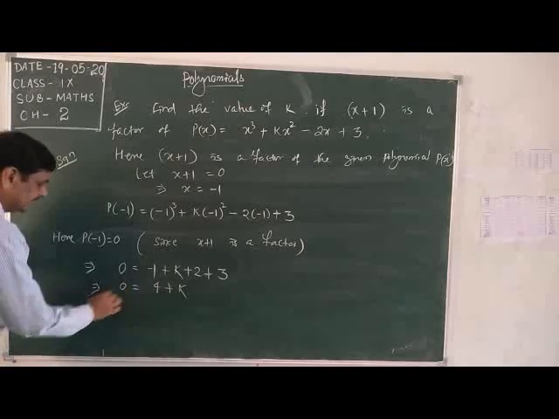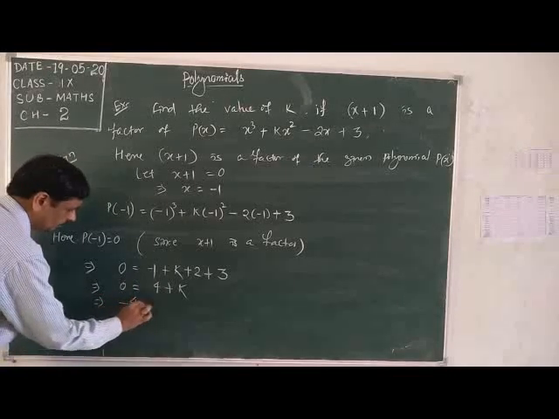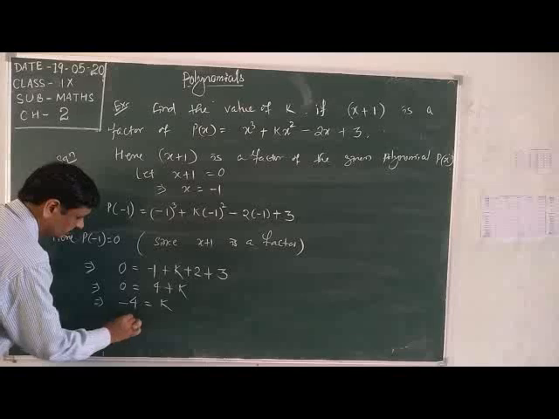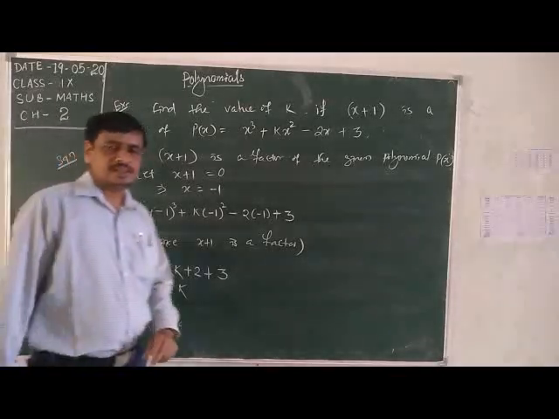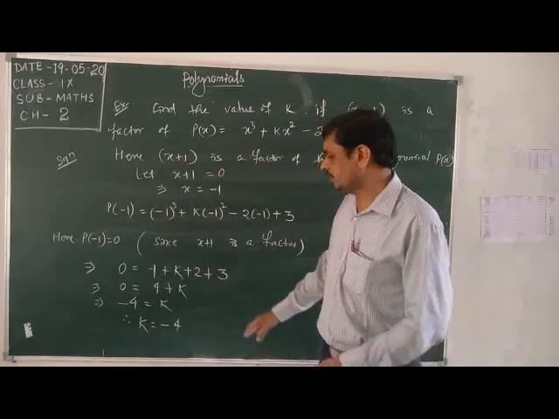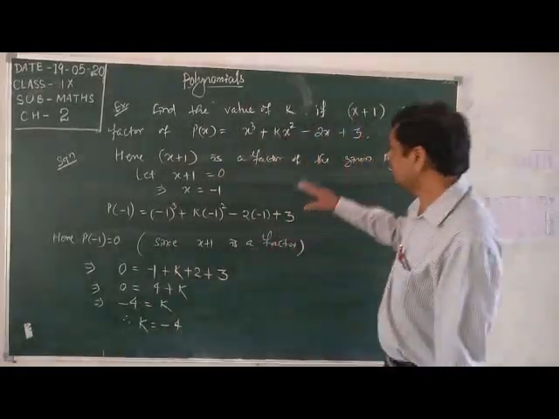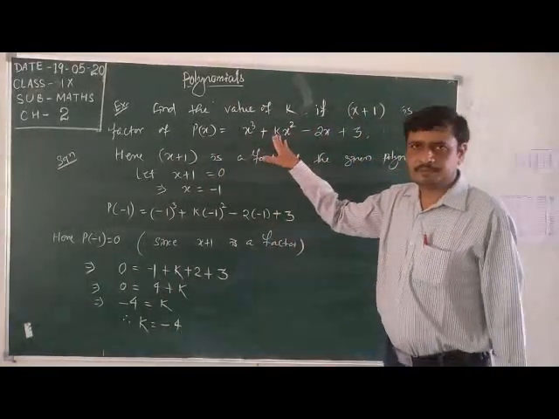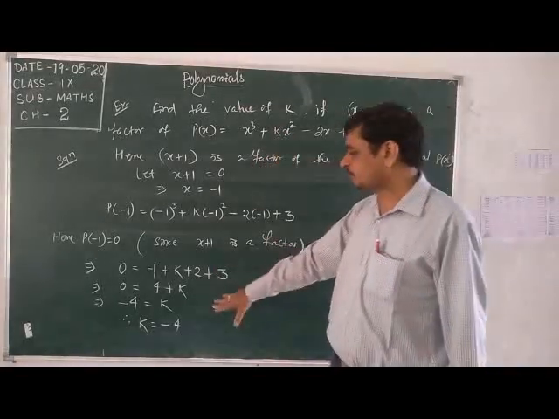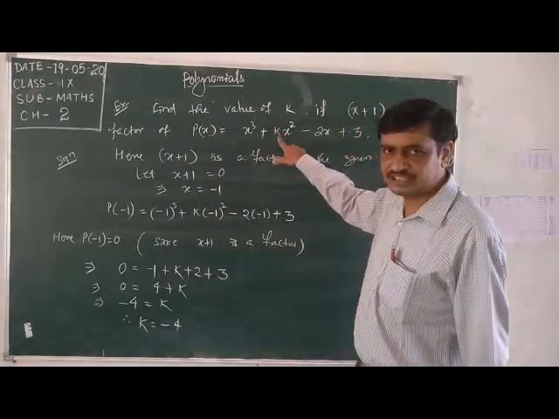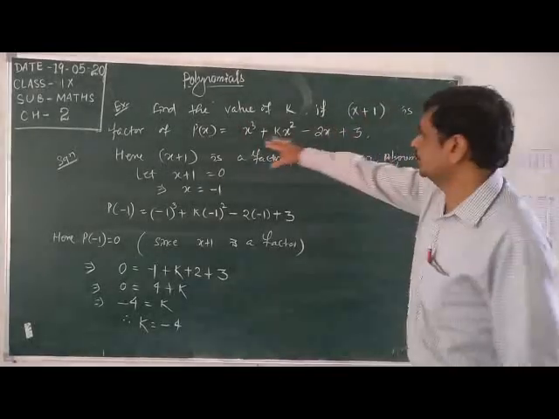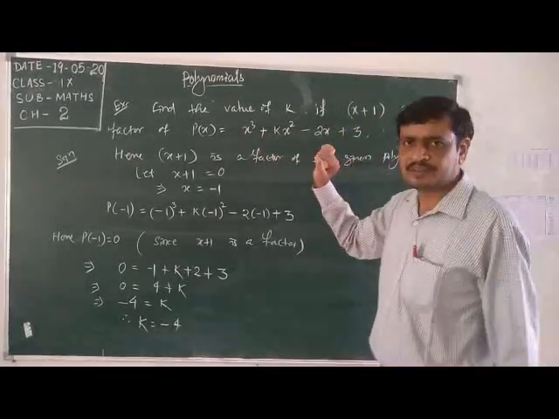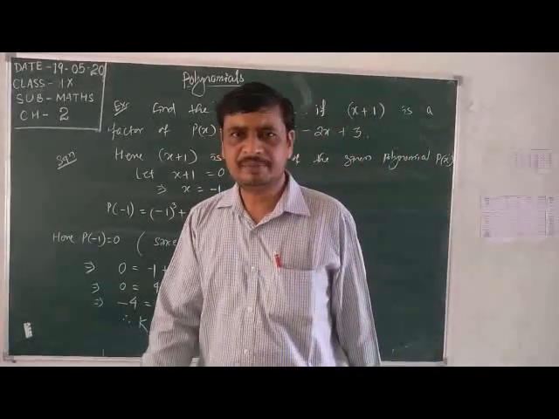Now 4 comes this side, becomes minus 4, equal to k. Therefore the value of k is minus 4. When we replace k with minus 4 and divide the polynomial by x plus 1, we get the remainder 0.